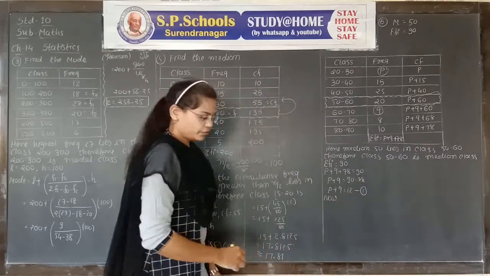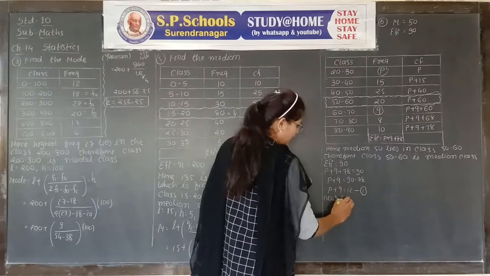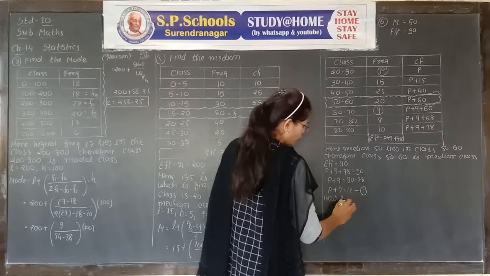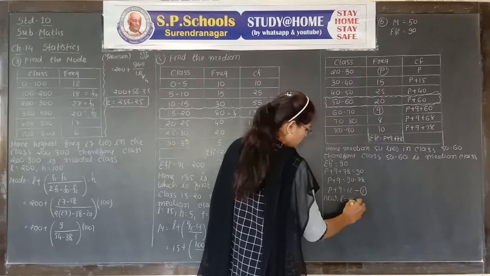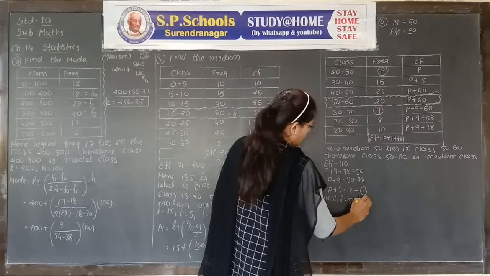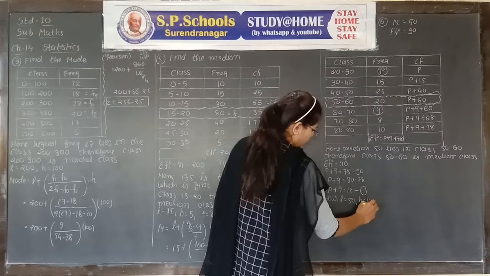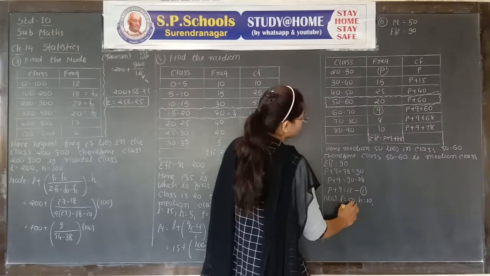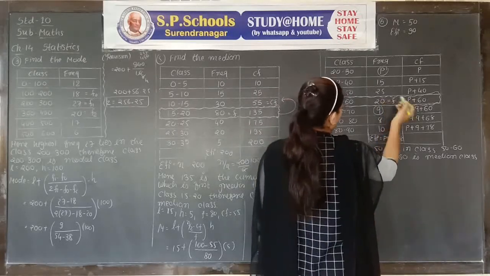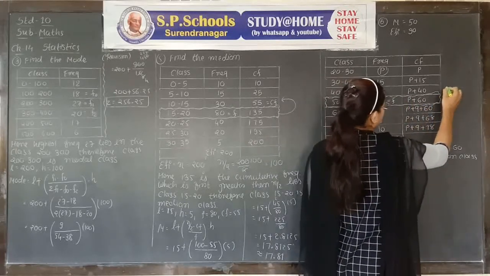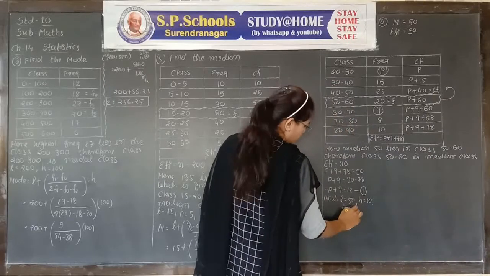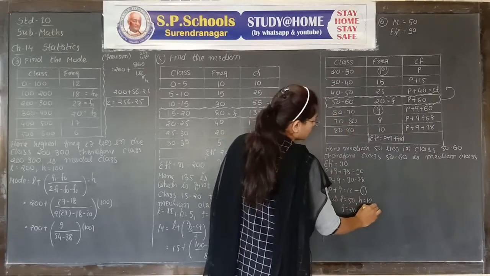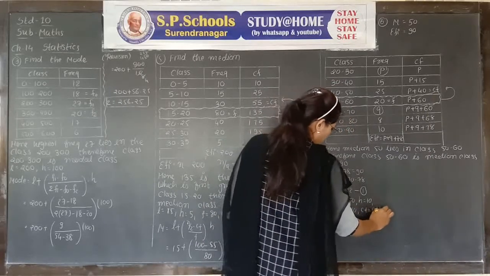Now to apply the formula, we require L. L is equal to the lower limit of the median class. Lower limit is 50. The class size H is equal to 10. Then F is the frequency of the median class and CF is the frequency of the class preceding the median class, P plus 40. F is equal to 20 and CF is equal to P plus 40.